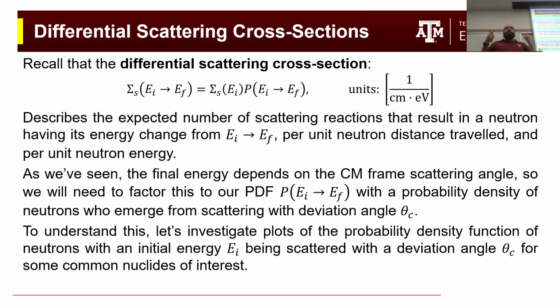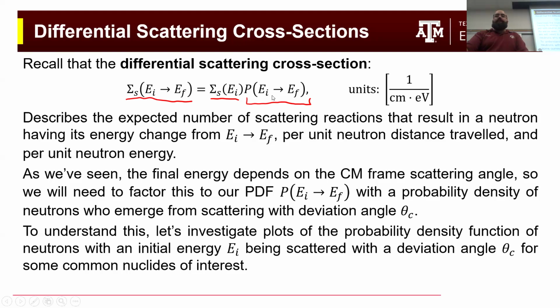When we were talking about the differential scattering cross section, remember that it is our regular scattering cross section times a probability density function. And this probability density function characterizes the likelihood of a scattering collision taking me from some energy EI to the final energy EF.